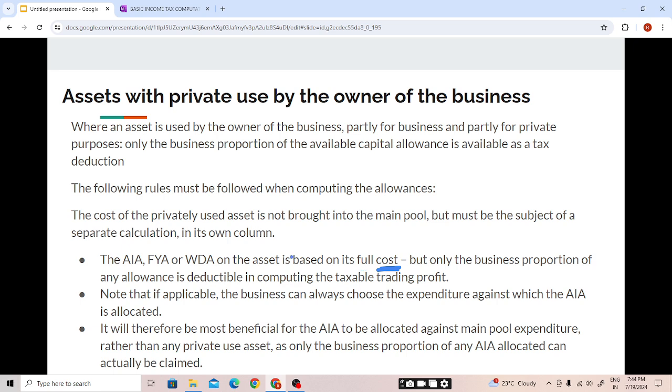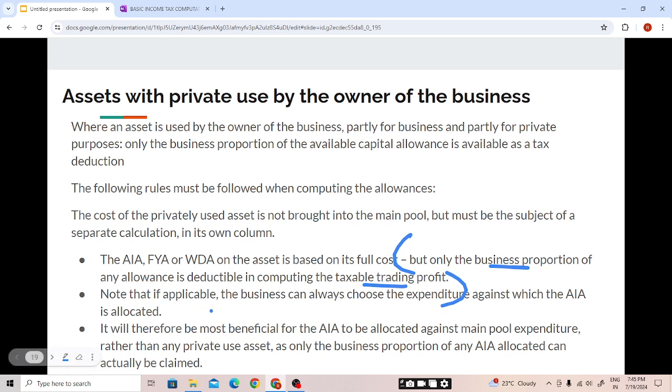It will be available to the private use asset also, but only the business portion of any allowance is deductible in computing the taxable trading profit.